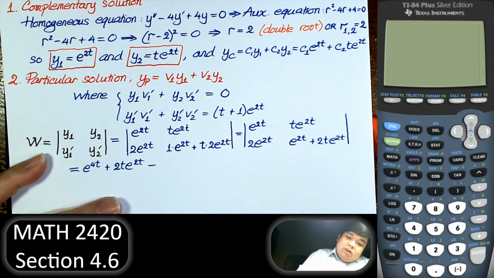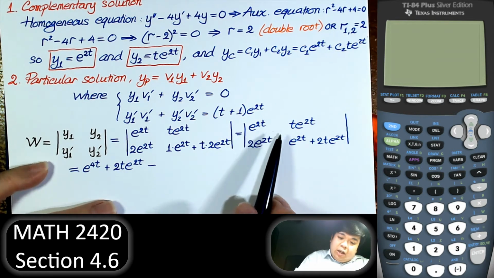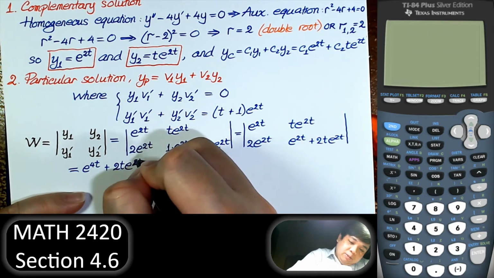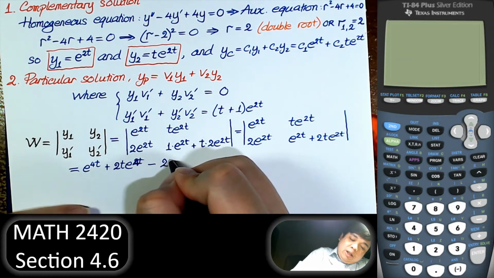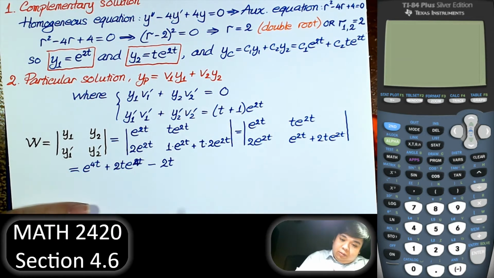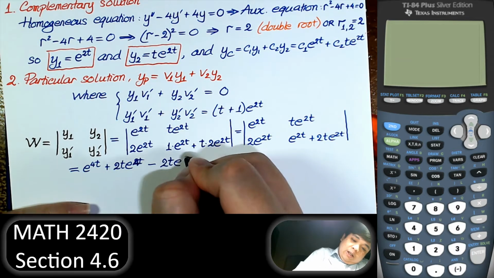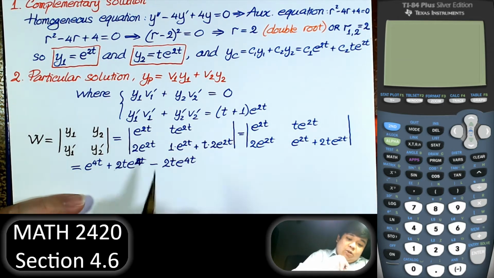And then subtract the other direction: e to the 2t times 2 e to the 2t, that makes 2 e to the 4t, and then 2t e to the 4t. Conveniently, they cancel out.